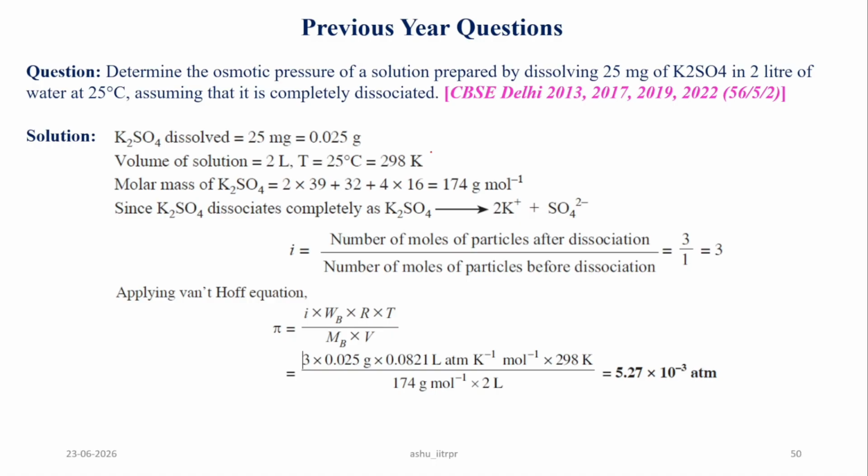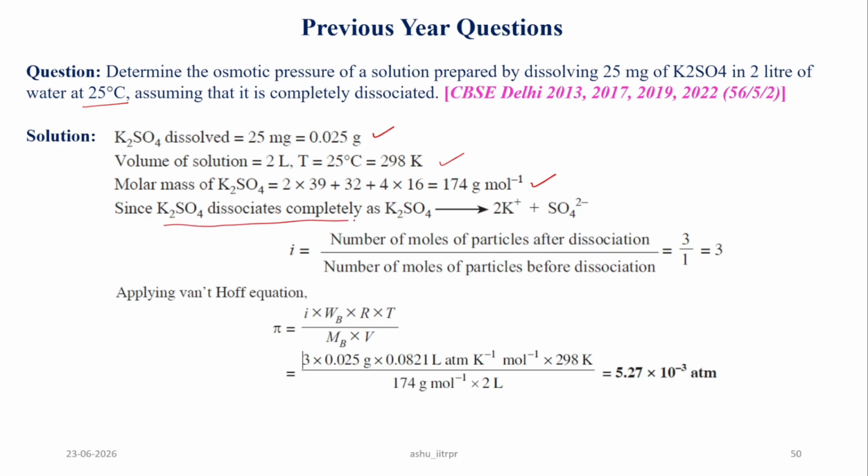K2SO4 dissolved is 25 milligram, so first convert it into grams. Volume of solution is 2 liter, temperature is 25 degrees Celsius, so convert this into Kelvin: it is 298 Kelvin. Molar mass calculated is 174.